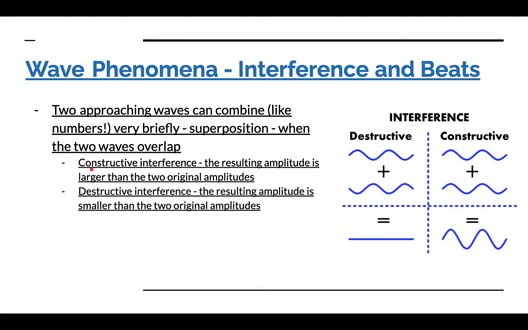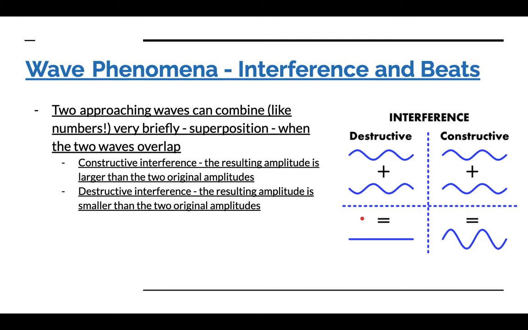Now, destructive interference is when we have the crest of one wave lining up with the trough of another wave, and the trough lining up with the crest. It's like combining plus 2 and negative 2.